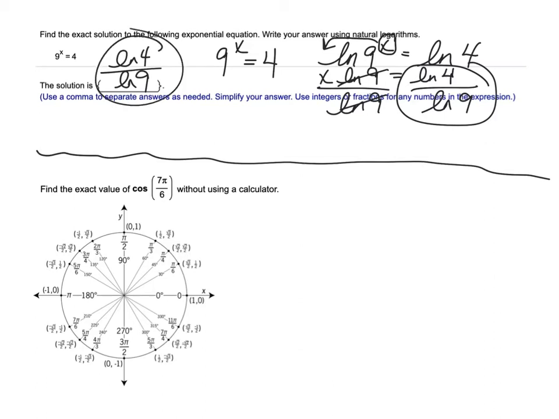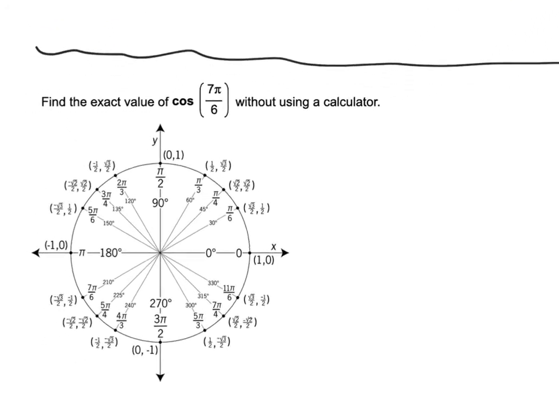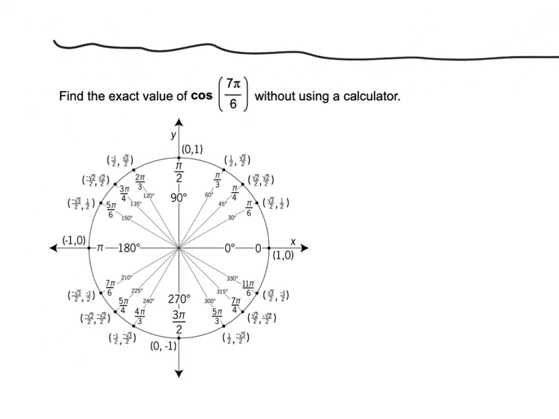Okay, now we move into test 4, which is all of our trig. So hopefully this won't be quite as old to you since we just covered this. But to find the exact value of the cosine of 7 pi over 6, we can use our unit circle. Remember what we do.